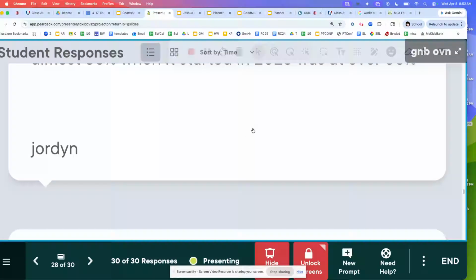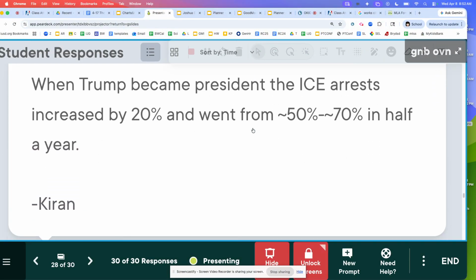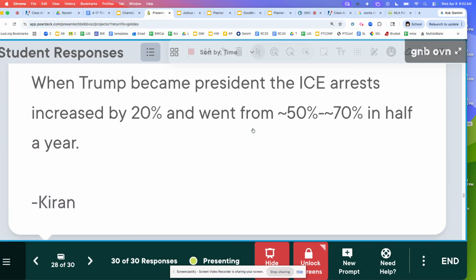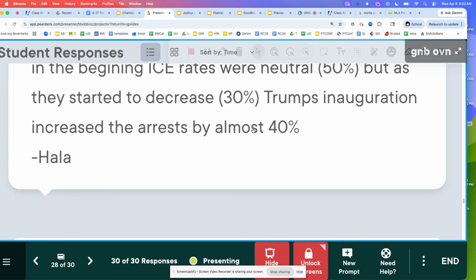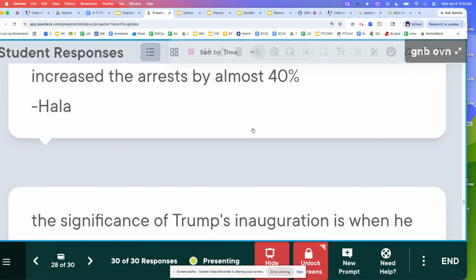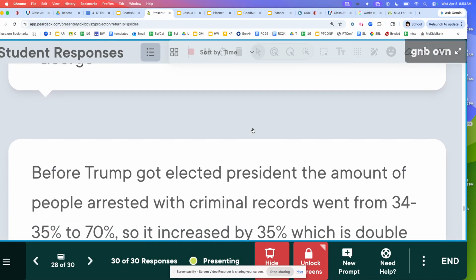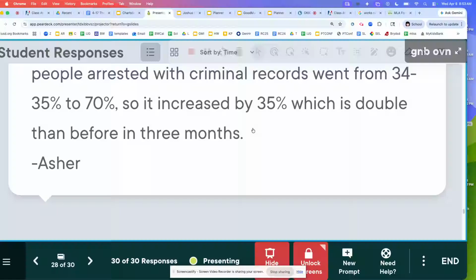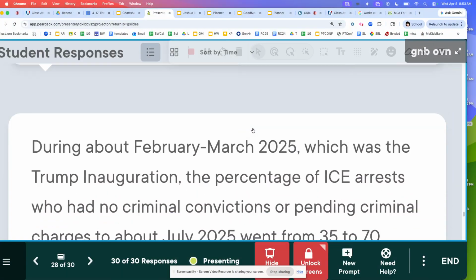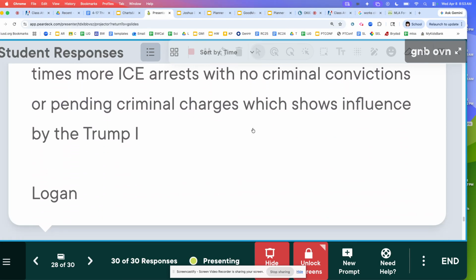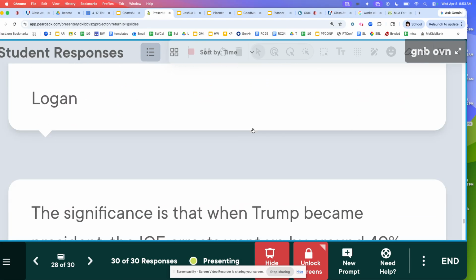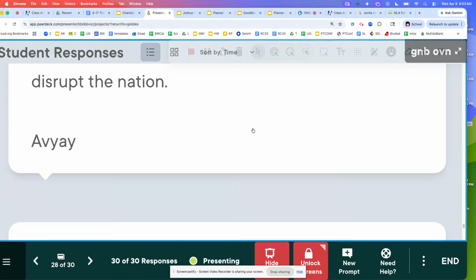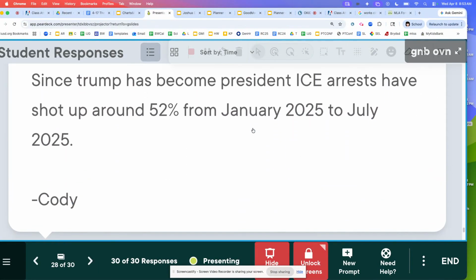Jordan, Sarah. Okay, I think you guys are getting it. Kieran, come up. We're going to move on to a different type of chart. Paula, come up. And then Asher, come up. So George, yours is like a claim. Needs to be more quantitatively specific. Logan, come up. Avier, come up. Cody.